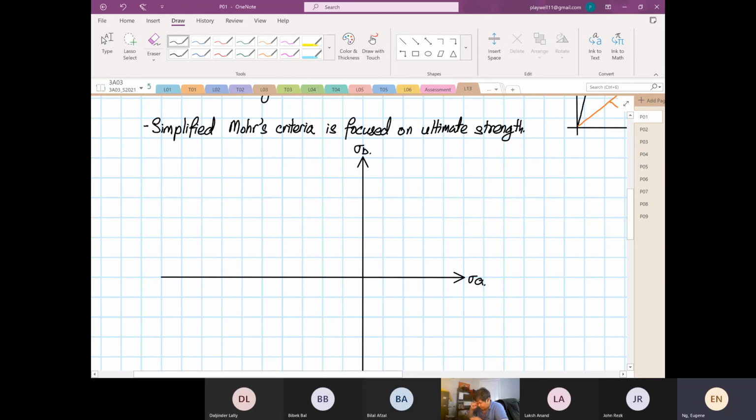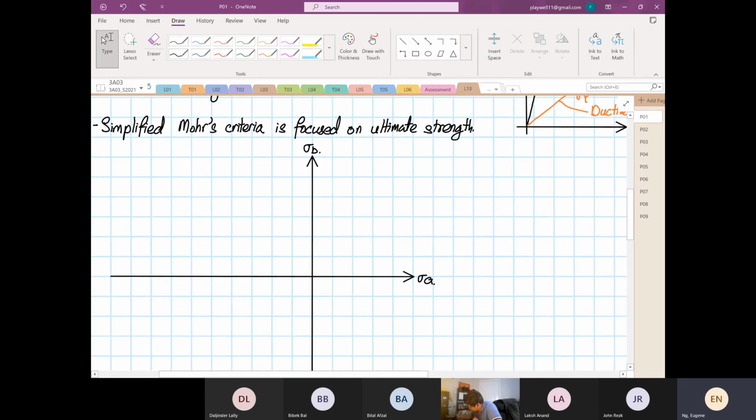So one of the conditions that Mohr makes is that the ultimate in compression, the magnitude, the absolute value, is so much greater than stress ultimate in tensile.